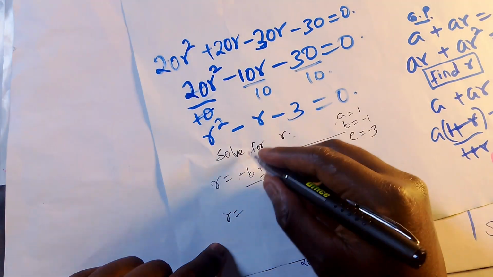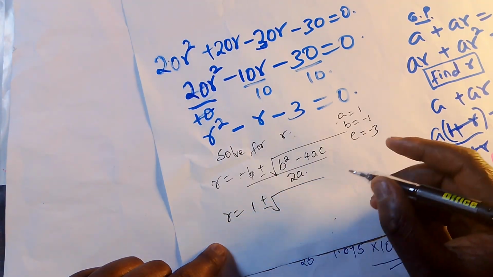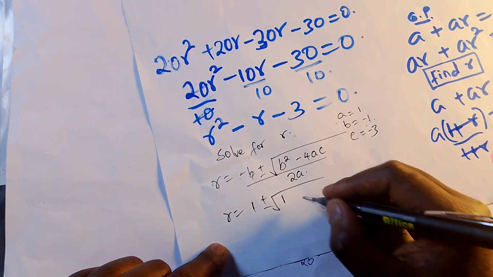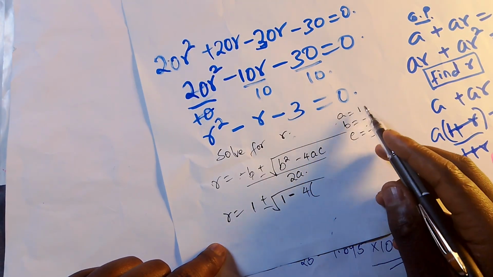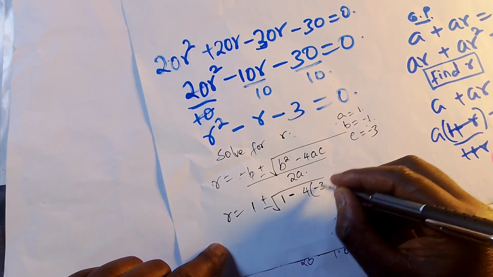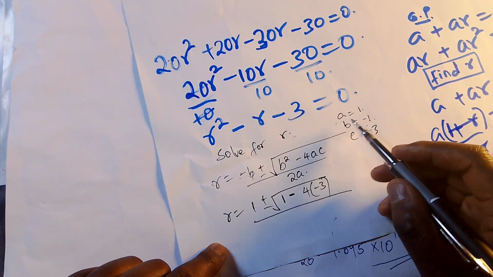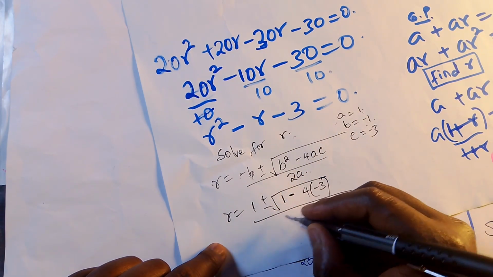So our r will be minus b, which is 1, plus or minus the square root of b squared, which is -1 squared, which is 1, then minus 4 times a and c, which is 1 times -3, which is -3. Then divide by 2a, which is 2 times 1, which is 2.